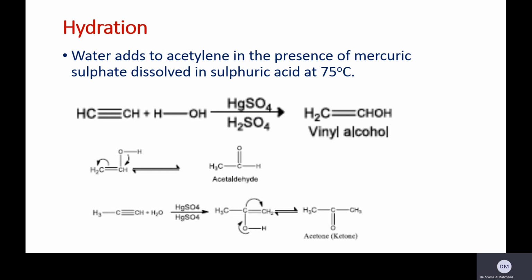Now again this molecule undergoes the rearrangement and the hydrogen is shifted from oxygen to carbon, and the double bond changes to the single bond, and we get the ketone. This is acetone. So we can say this is our result, that on addition of water to ethyne, we get the aldehyde. But on addition of water to the higher alkynes, every time we will get the ketone.